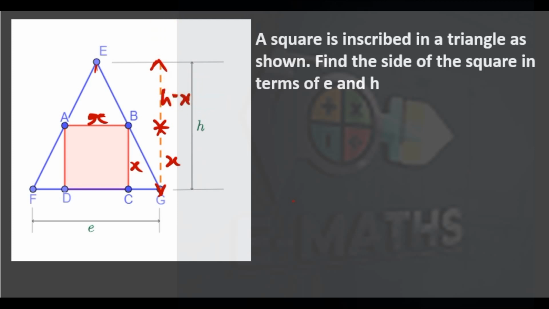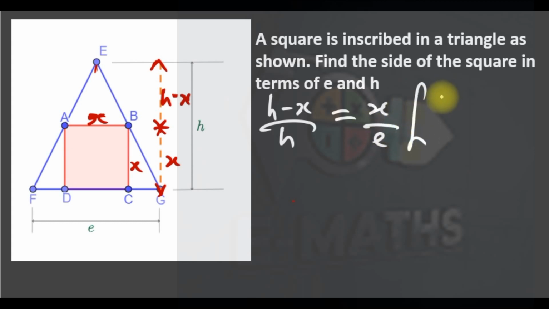So using the similar triangle theorem, we have h minus x over h, that's this one over the long one, h, equal to x over e.